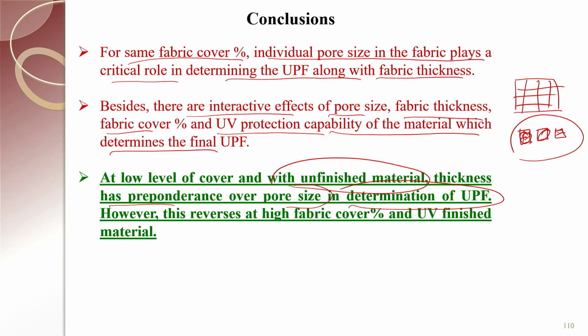But at a higher cover factor with UV finish, this trend is reversed, as we have seen in case of cotton. In case of cotton, with the decrease in thickness, after UV finish the UPF value increases.